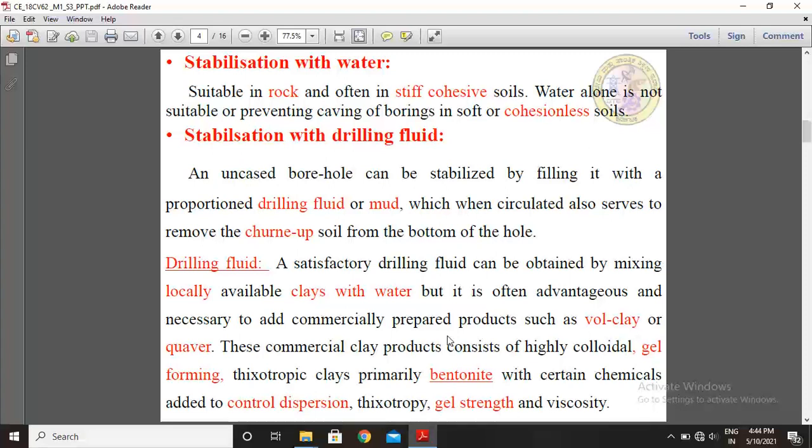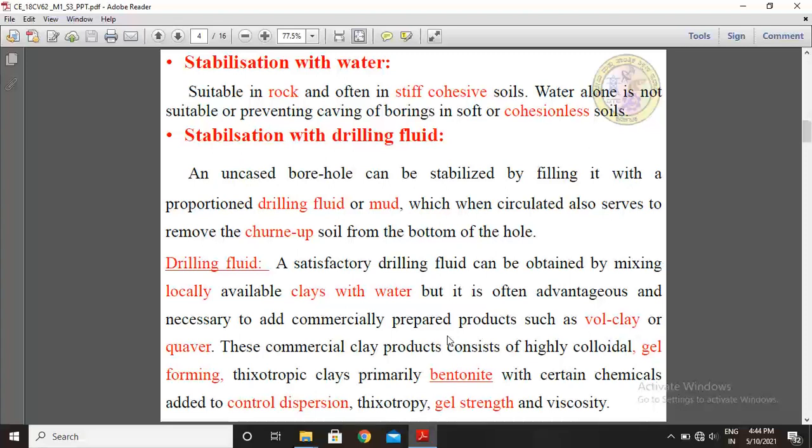Stabilization with drilling fluids. An uncased borehole can be stabilized by filling it with a properly proportioned drilling fluid or mud, which when circulated also serves to remove the churned-up soil from the bottom of the hole.